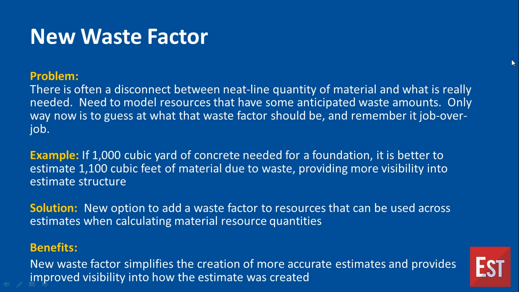Instead of just padding the overall estimate, with this new waste factor you can account for it in a separate column, so that you can still keep a record of the neat line amount, but then have this other waste factor that you can measure and account for in your estimates. So Dave, I'll turn it over to you to show.